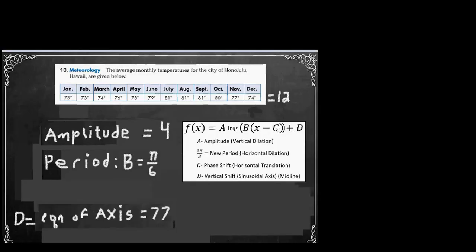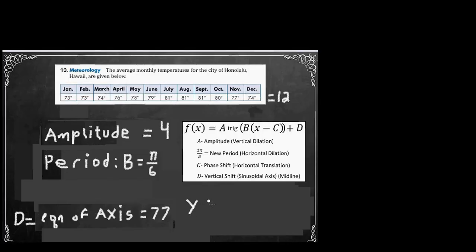Now consider f of x and the characteristics that transform a trig function, such as the constants capital A, b, c, and d, read as A times whatever trig function we use, the trig of what's inside the brackets, b times x minus c, plus d.